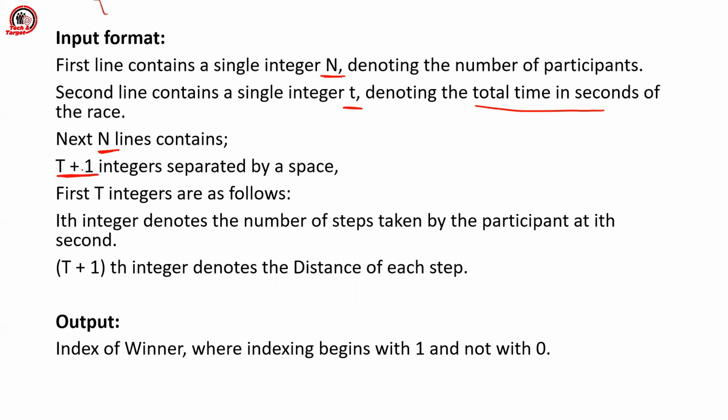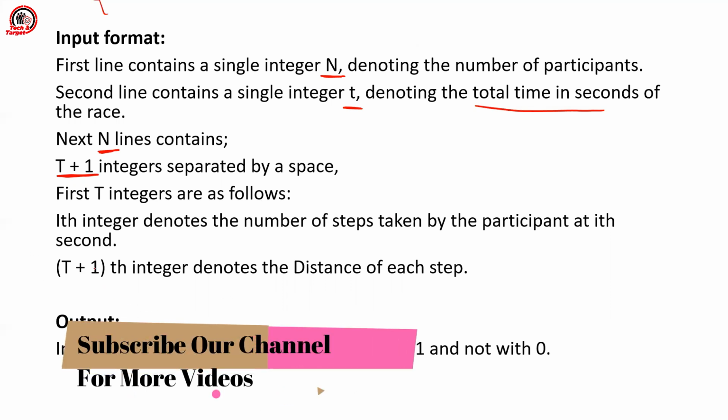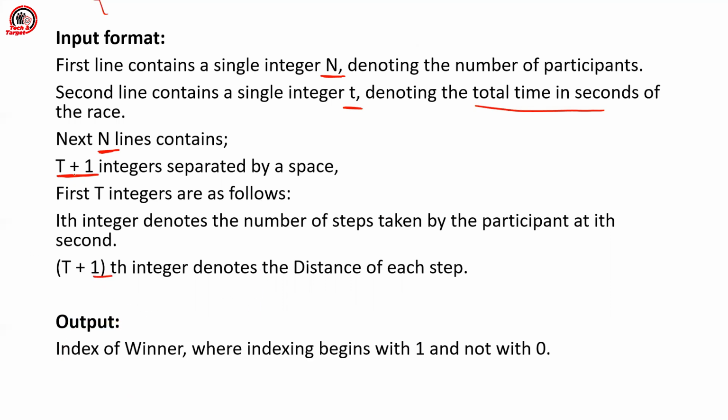So first we have an integer n, then an integer t denoting the time in seconds of the race. Then there will be n lines, each line containing t plus 1 integers separated by a space. In those t plus 1 integers, the first t integers work like this: the ith integer denotes the number of steps taken by the participant at the ith second.